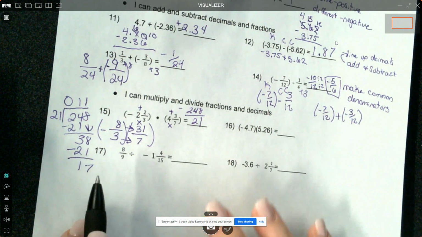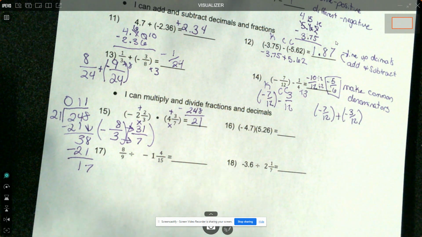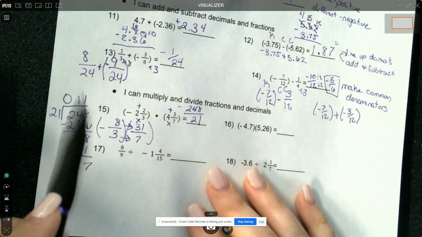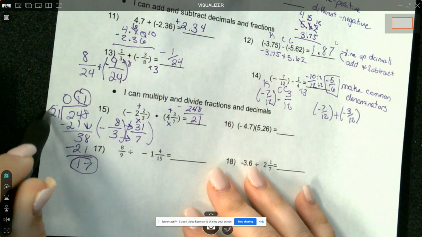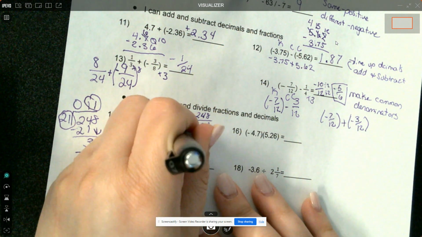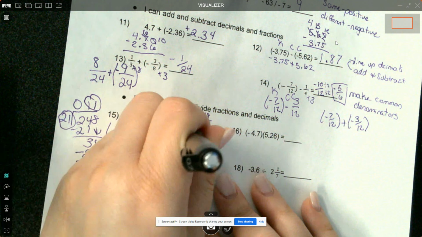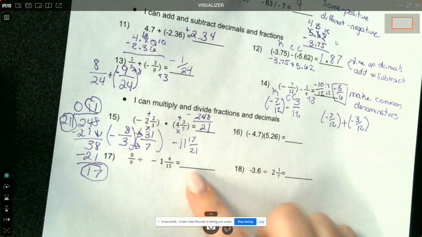So this is where I would stop. When you're making a mixed number, you don't keep adding zeros because then that would make it a decimal. So my mixed number is the top number, the remainder, and the outside. So that creates 11 and 17 over 21. We said it was negative.